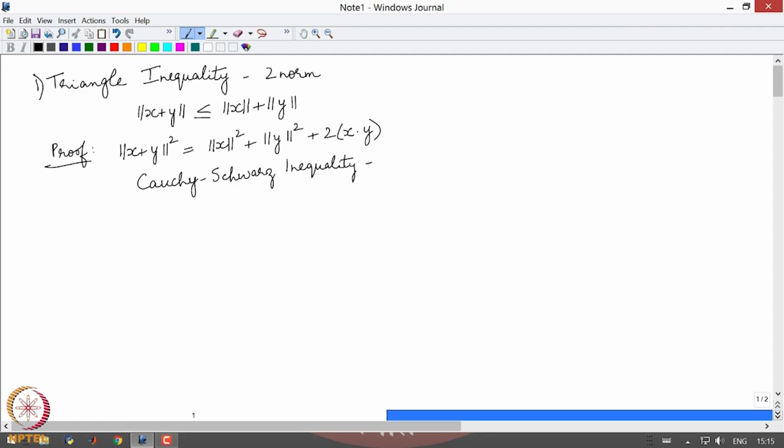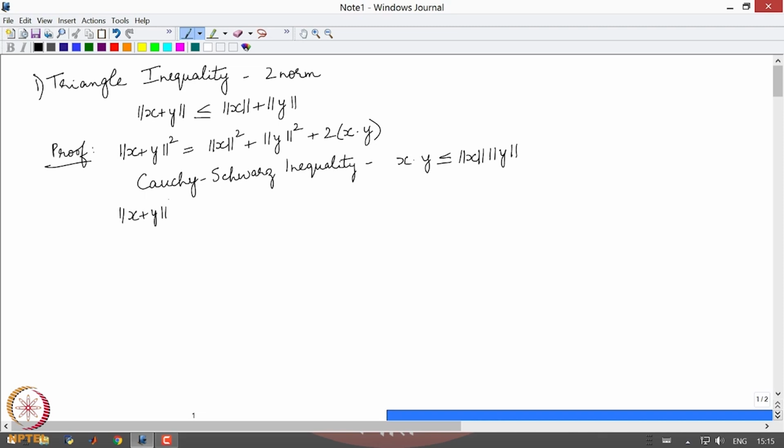which states that the dot product between two vectors x and y is less than or equal to norm of x times norm of y. Okay. And we will try to substitute this inequality into the above expression and see what we get.